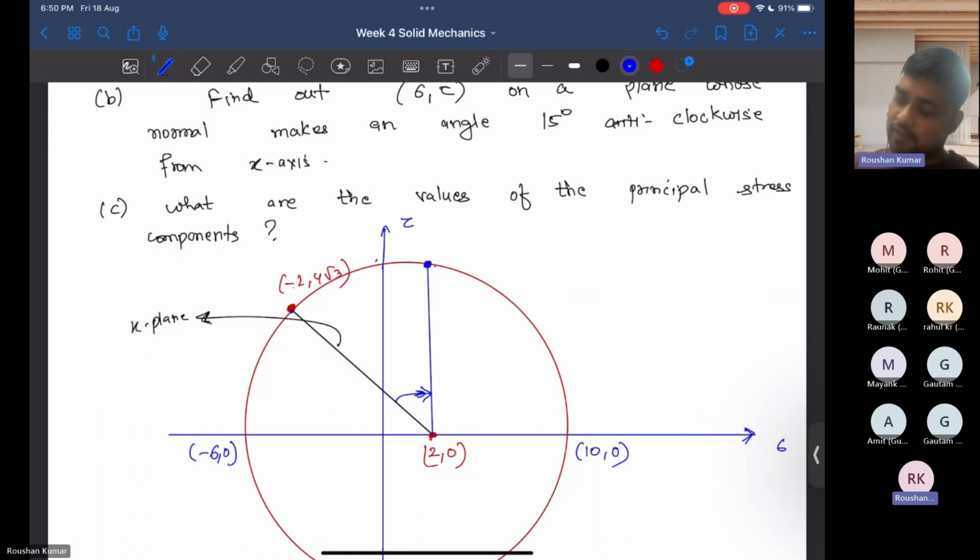Now if we take 30 degree clockwise, as we already know, what is the angle, this one. The radius is 8 unit, and this distance is 4 root 3 unit. So what is the angle theta here?